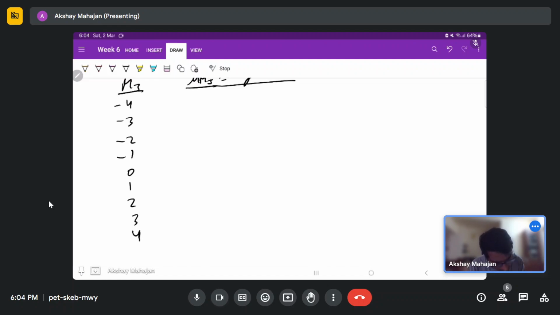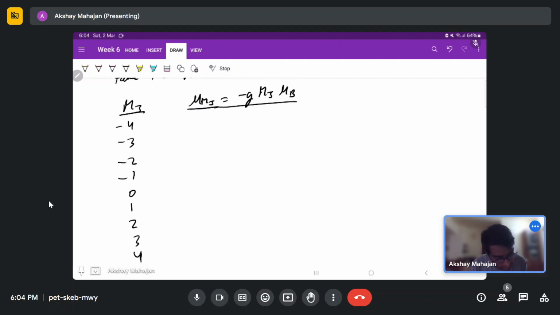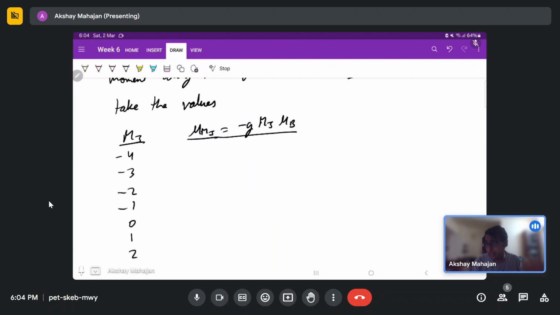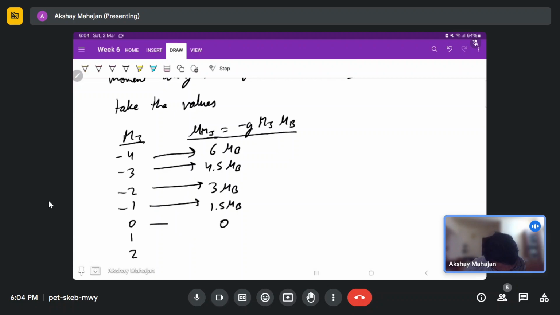So this will be given by, if you put it, 1.5 times 4 is 6, and this minus will give you plus, so it will be 6 mu_B, 4.5 mu_B, 3 mu_B, then 1.5 mu_B, 0. This will be the corresponding values.